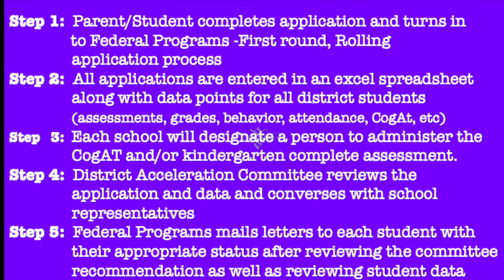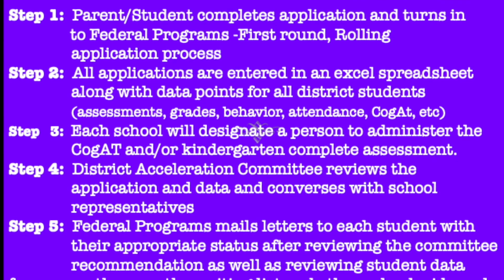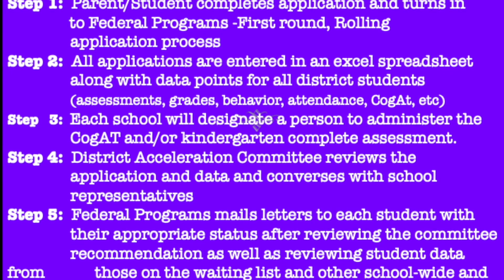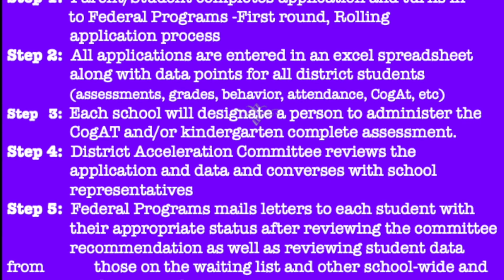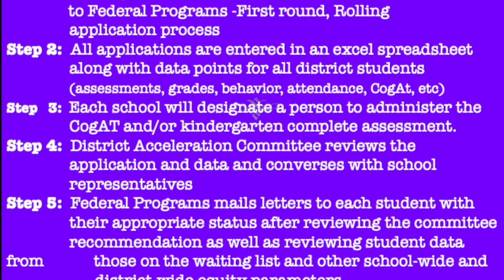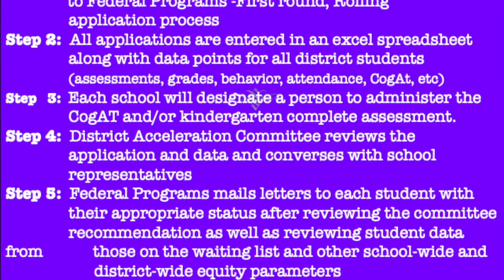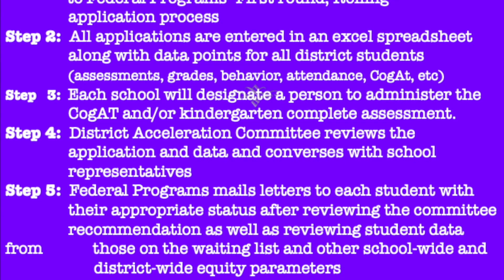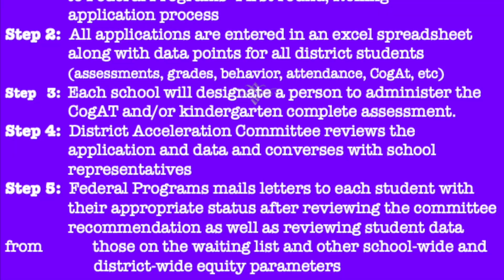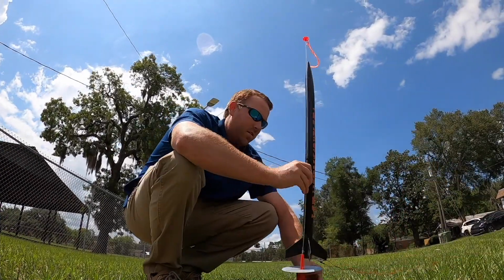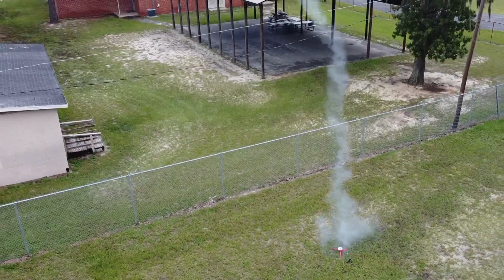Those data points include assessments, grades, behavior, attendance, and COGAT scores. Step 3, the District Acceleration Committee reviews the application and the data and then converses with the school representatives. Step 4, Federal Programs mails letters to each student with their appropriate status after reviewing the committee recommendation.